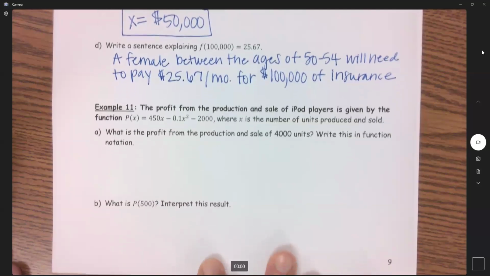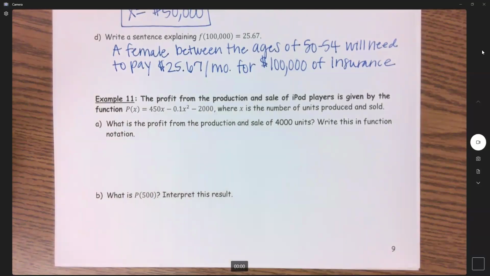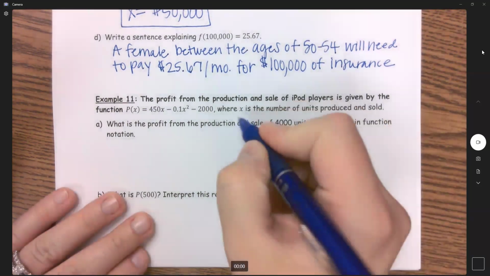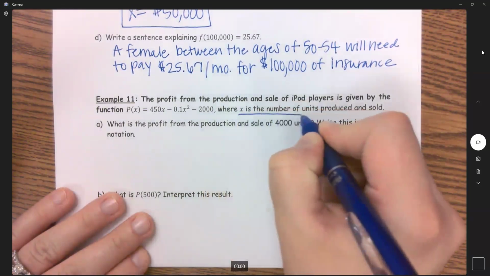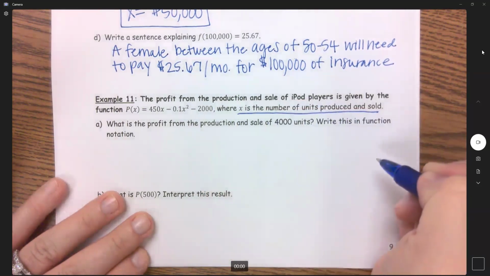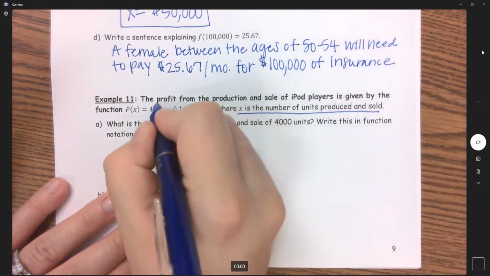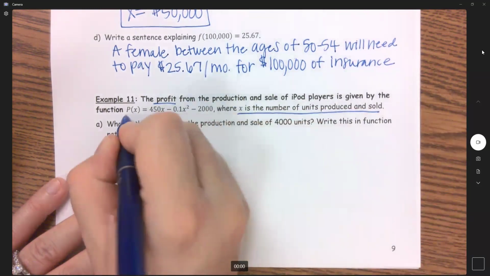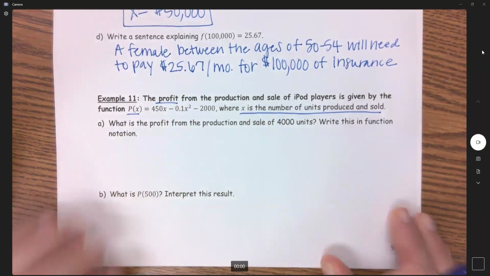All right, number 11, last example. The profit from the production and sale of iPod players is given by the function p of x, where x is the number of units produced and sold. So x is the number of units produced and sold, and the profit is our p of x.